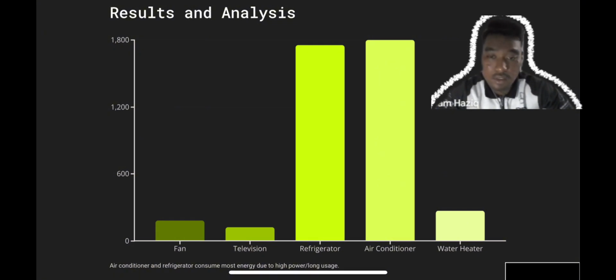For additional knowledge, the water heater has higher power than those four devices, but it consumes less than these two because we are not using it for hours. We're using it just for 0.5, which is less than an hour. So it's not going to consume a lot of power like those.